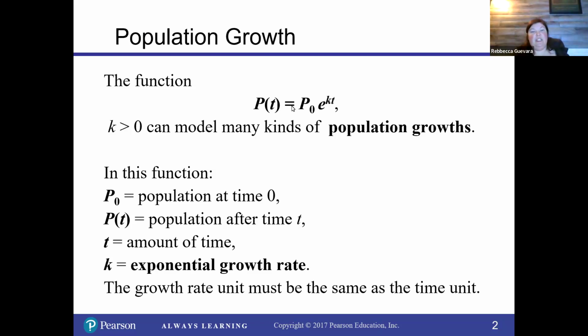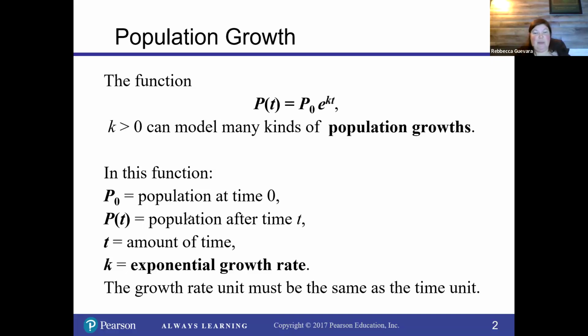So the function P(t) equals P sub 0 times e to the kt. Remember, k has to be positive because we're going to use positive percents for growth. This is going to be population growth. P naught is the initial population of this function.